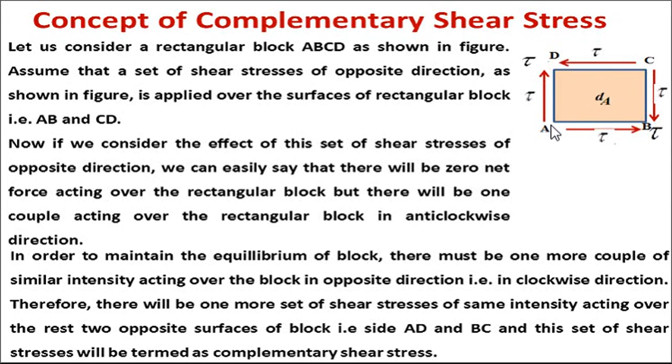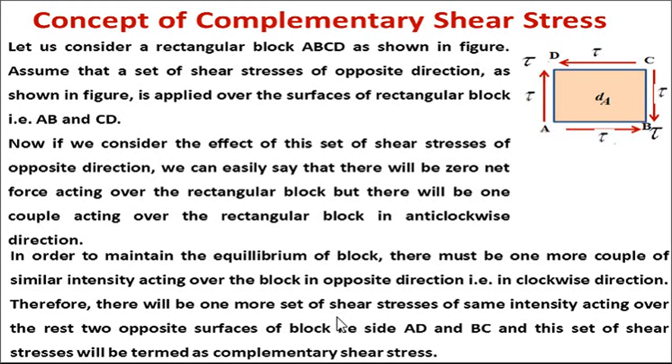Suppose I want to take the moment of this tau about this point, it will be tau into a, and it will develop an anti-clockwise couple. Similarly, these forces will develop a clockwise couple. This means the block is maintained in equilibrium by forming couples of certain intensity over the block in clockwise and anti-clockwise directions.